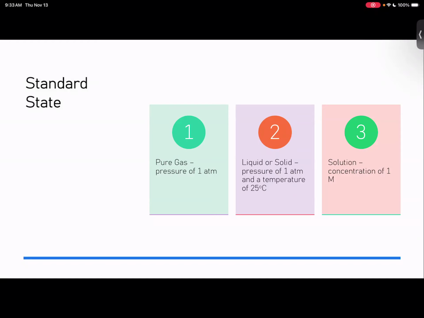So that's what we mean when we say standard states. That's what we mean when we say standard enthalpies of formation. They're going to be enthalpies of formation based off of these standard states.